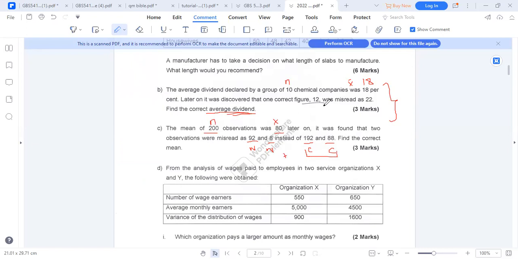Here, the correct figure was smaller than what we actually added, so we subtract. So let's make a rule. If what you actually entered is smaller than the correct figure, you add to adjust. If what you entered is more than the correct figure, you subtract. Is that easier?